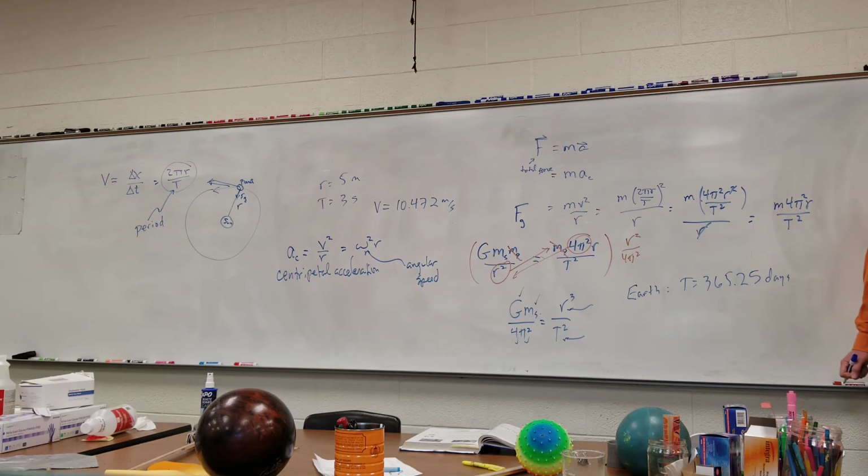Of course, we want to get it into seconds. So how many seconds in a day? What do we know? If I want to get days to seconds, there are 24 hours in a day, 60 minutes in an hour, and 60 seconds in a minute.